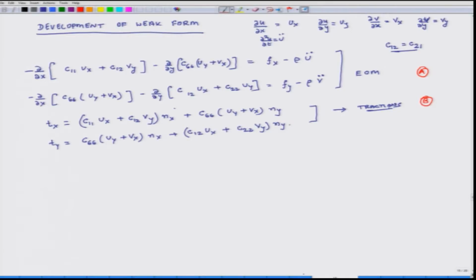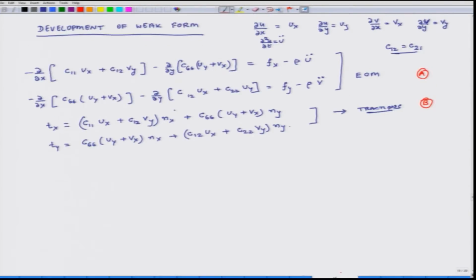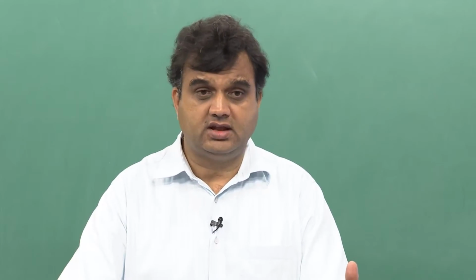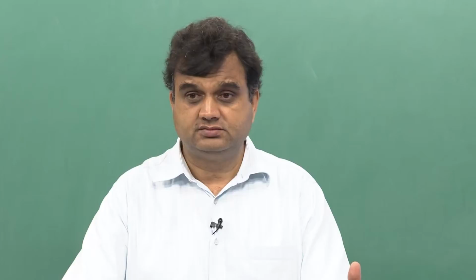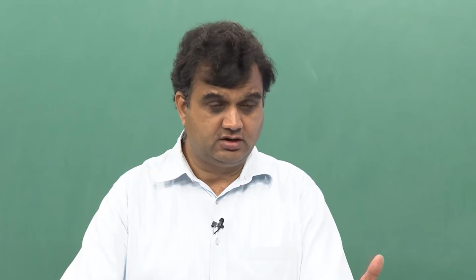Now, we will develop the weak form. How many equations do we have? We have 2 equations. To develop a weak form, what do we do? We multiply first by a weight function and then integrate it over the domain, and that integral is equated to 0, and then we reduce the differentiability requirement.